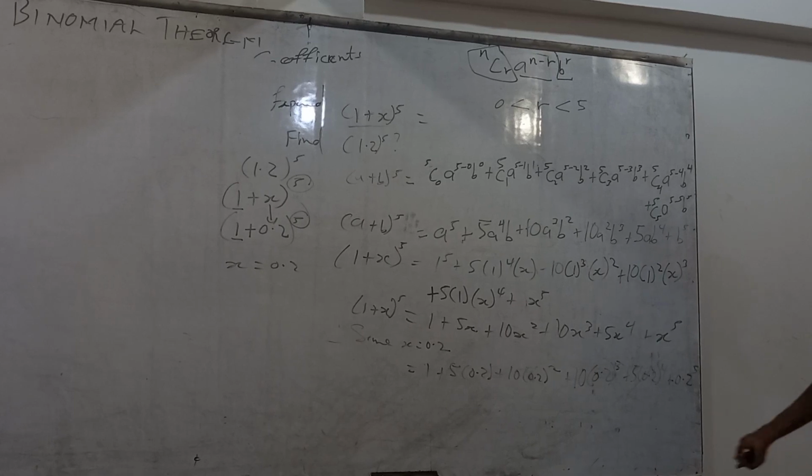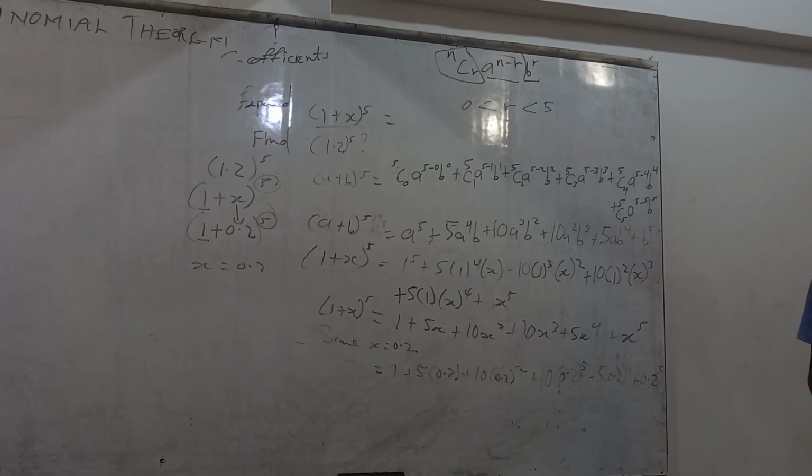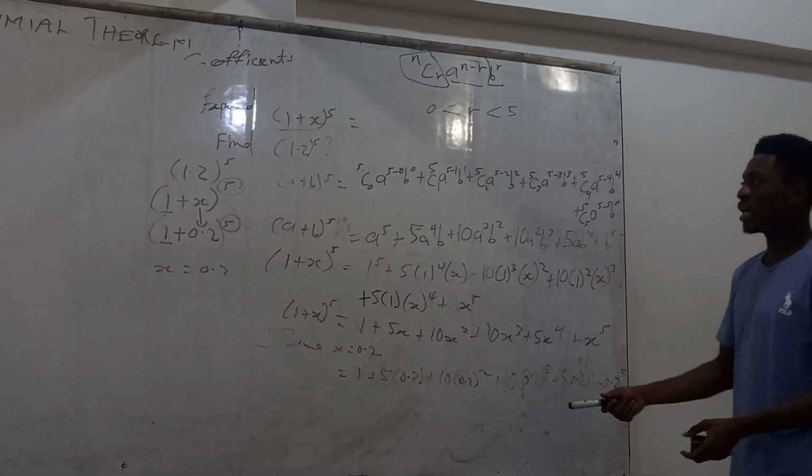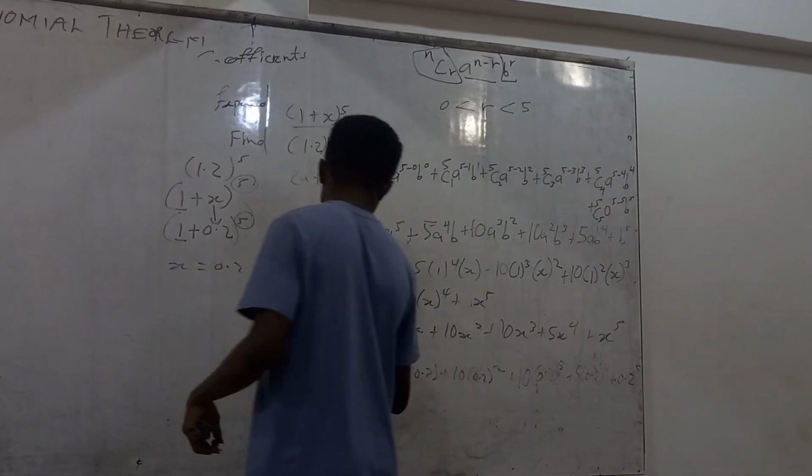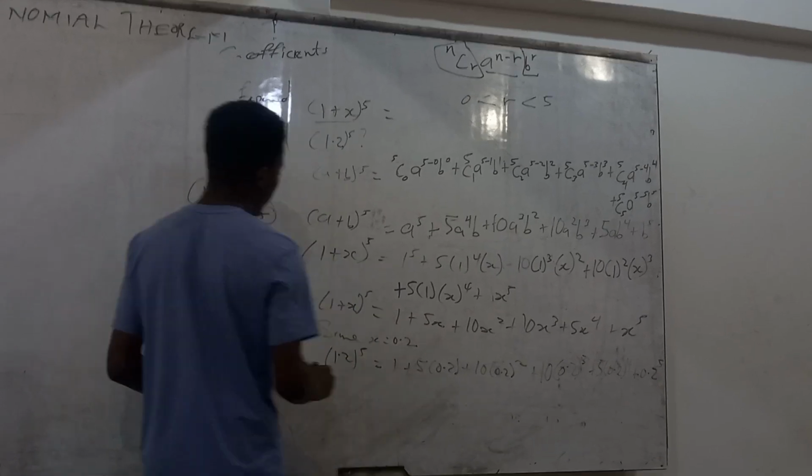When you add all this, you get your final answer. That will be the answer for this: when you add it, you get what 1.2 to the power 5 has been.